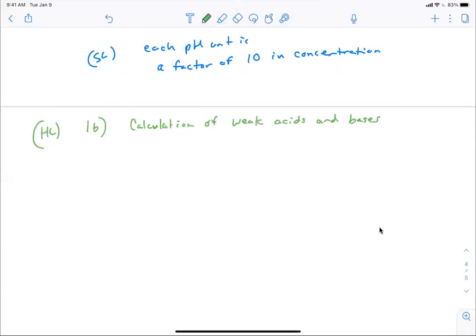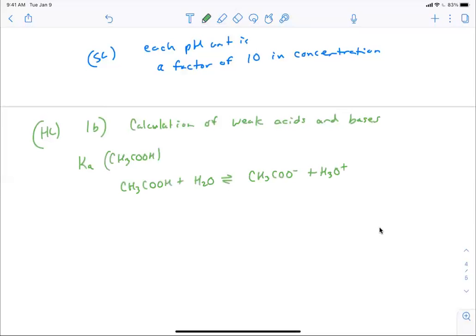So, for example, a Ka of CH3COOH. When I say Ka, I mean acting as an acid with water. So the reaction of it with water would be this.